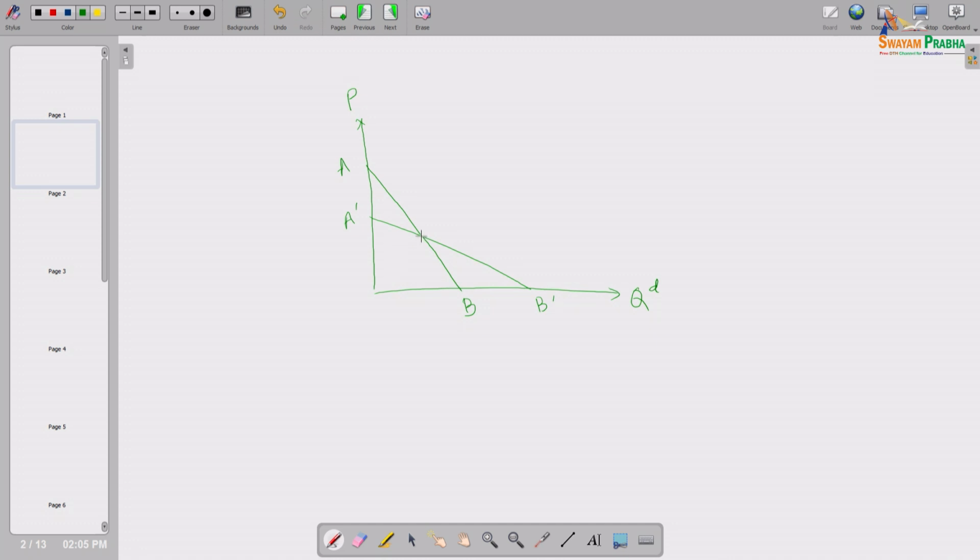When we say relatively steeper demand curve and relatively flatter demand curve, and that elasticity of demand at a point on one curve is larger than on the other, it will be easy if we take a common point on both demand curves, say this point E. Point E lies on both of the two alternative demand curves we have considered here, AB and A prime B prime.